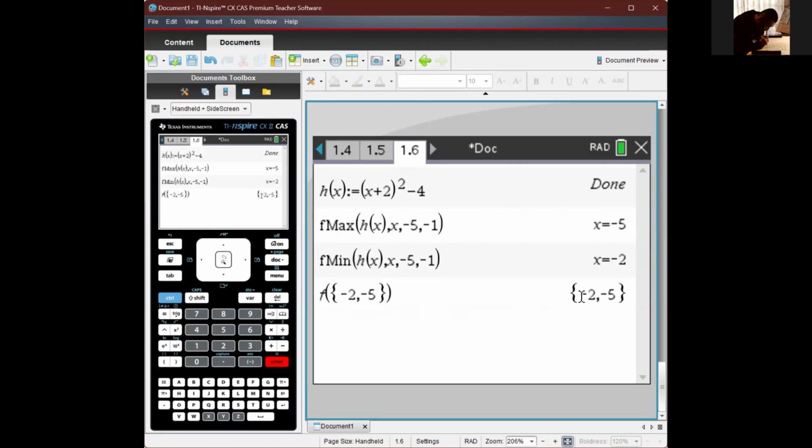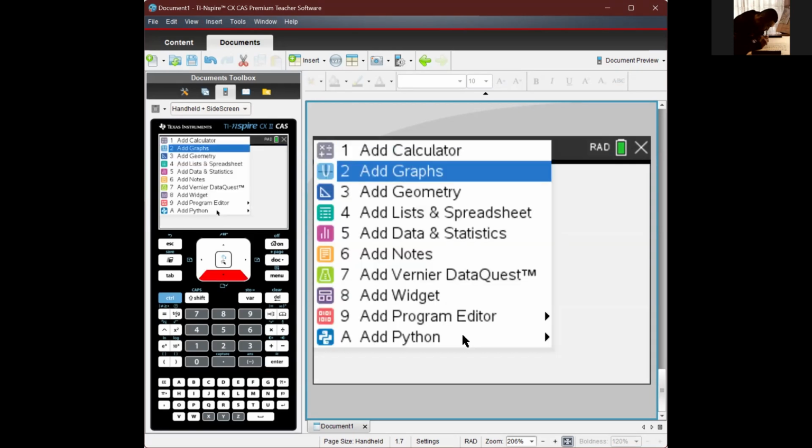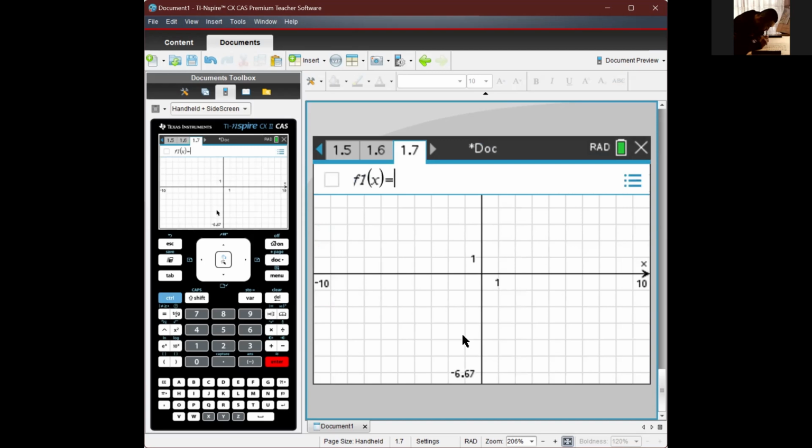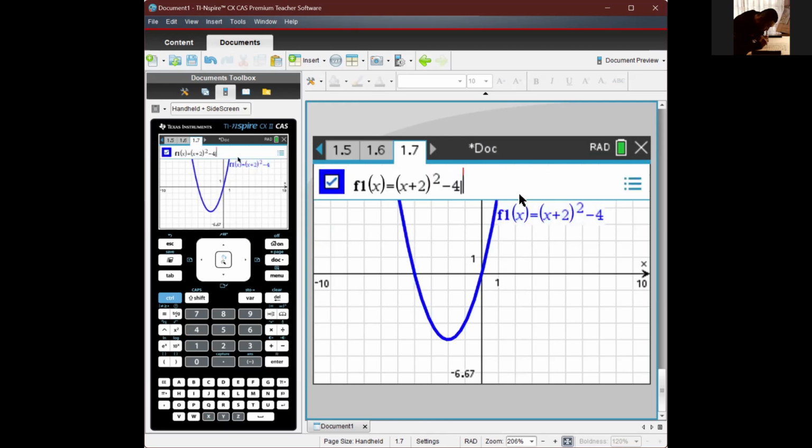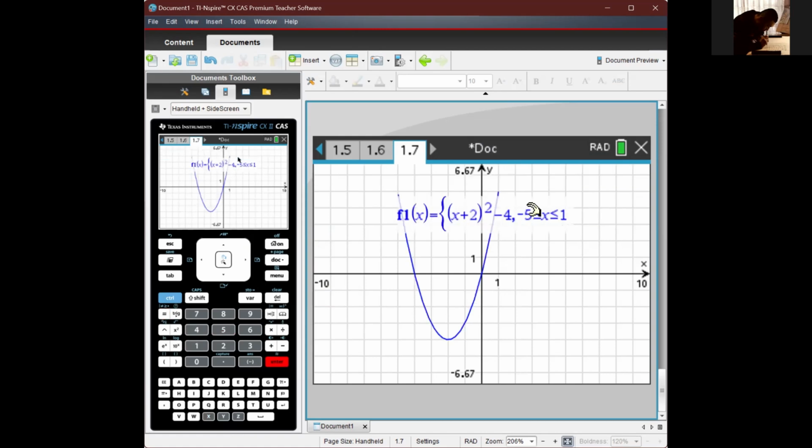So the range should be, let me have a closer look. The maximum doesn't look quite right. So how about I draw a graph? (x plus 2) squared minus 4, given that minus 5 is less than or equal to x, less than minus 1.